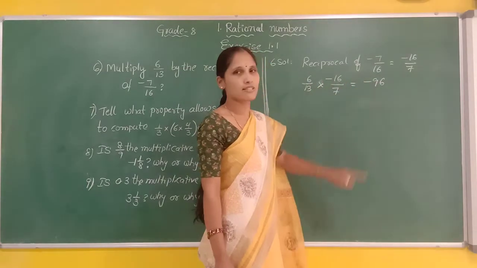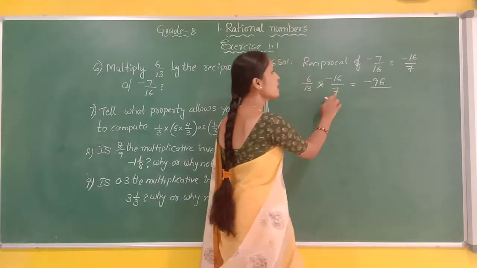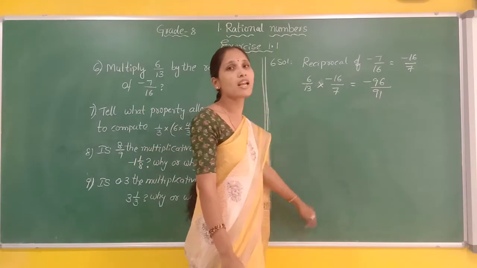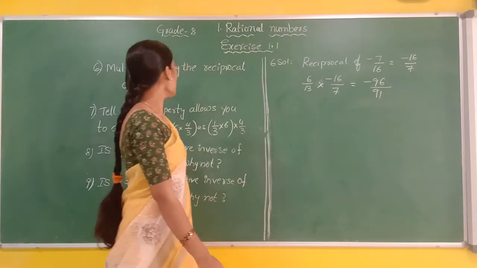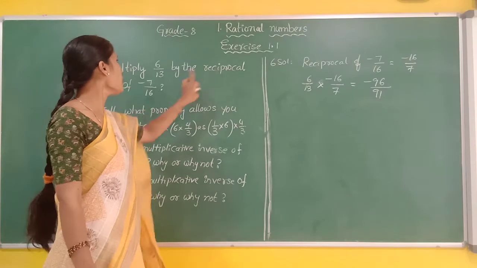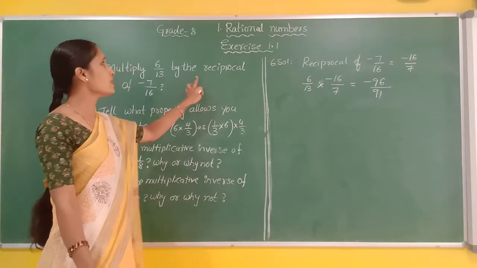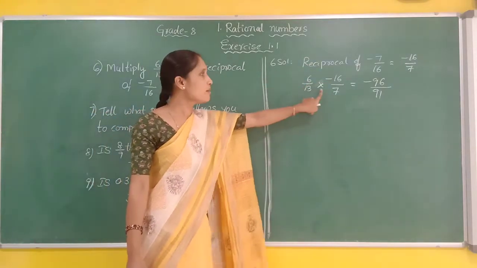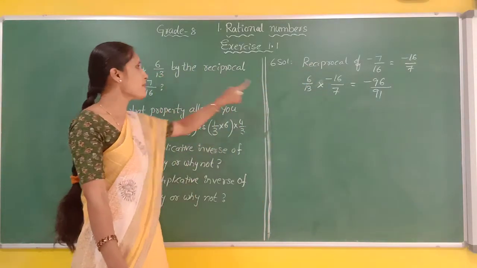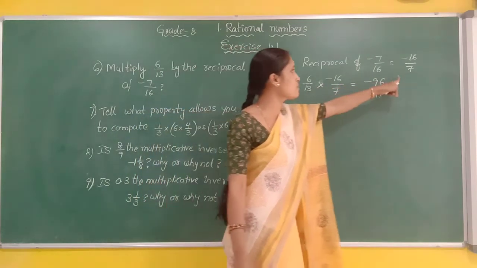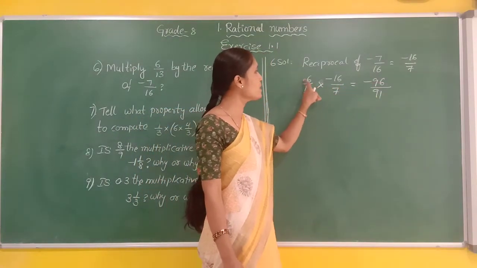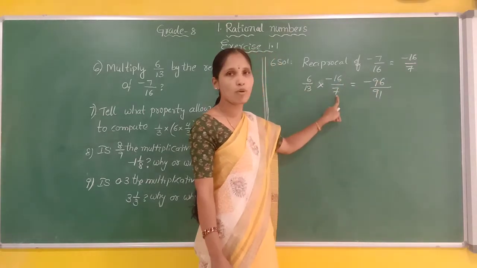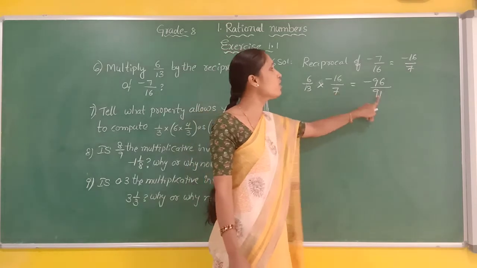13 into 7 is 91. So the product of 6 by 13 and the reciprocal of minus 7 by 16, which is minus 16 by 7: multiplying the numerators gives minus 96, multiplying the denominators 13 and 7 gives 91.